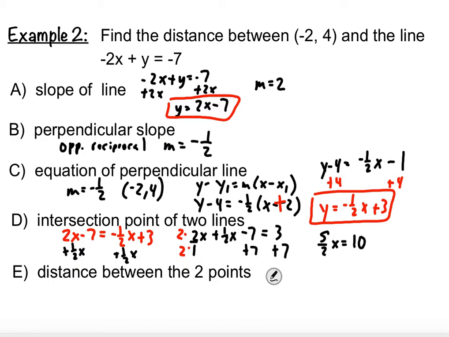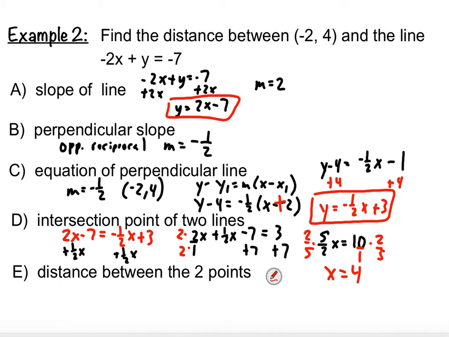And now I want to get rid of the 5/2 x, so I can either divide both sides by 5/2 or I can multiply by the reciprocal. The reciprocal there is 2/5. So on the right-hand side there we get 20/5, which is 4. So those two lines there are going to intersect there at x equals 4.